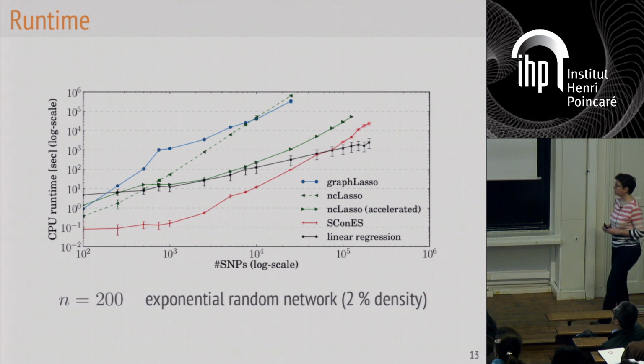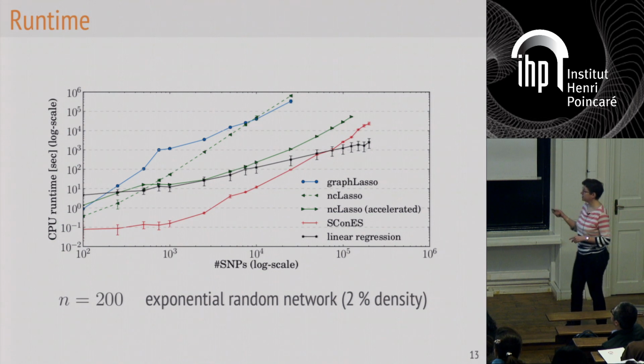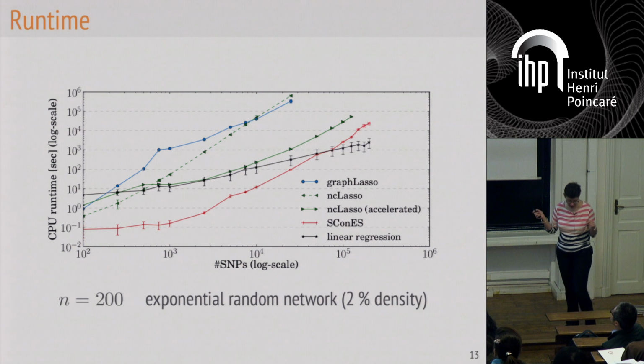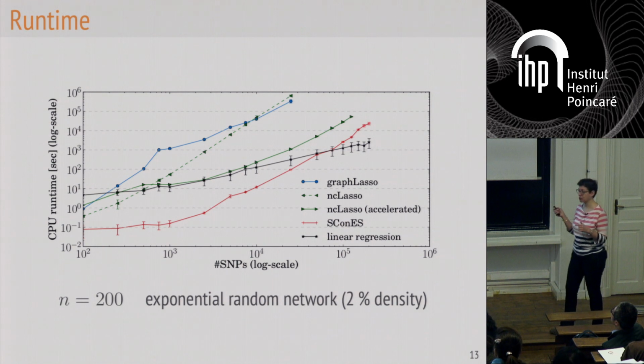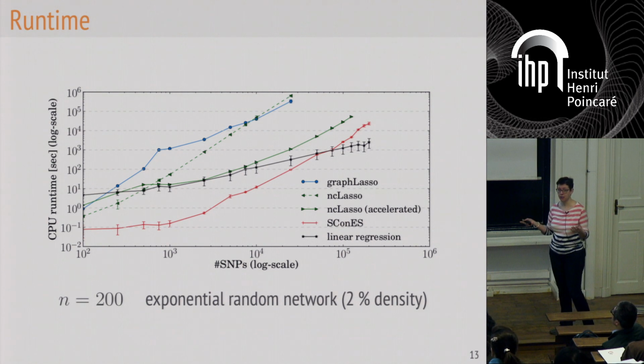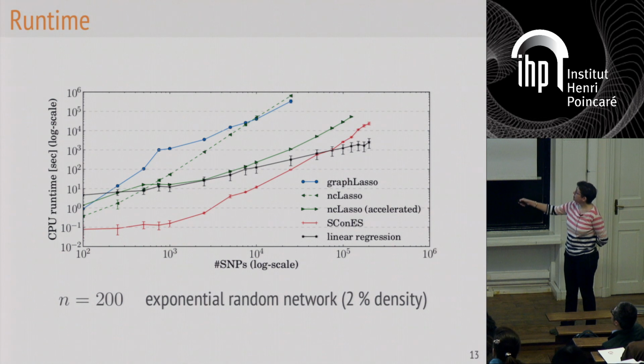The first graph I'm showing here is simulated on a non-realistic network, and I should probably update this at some point to show it on a more realistic biological network. But what you see here is the runtime of our method, the red line, with an increasing number of features. We tested up to 500,000 because that was the size of our data set back then.